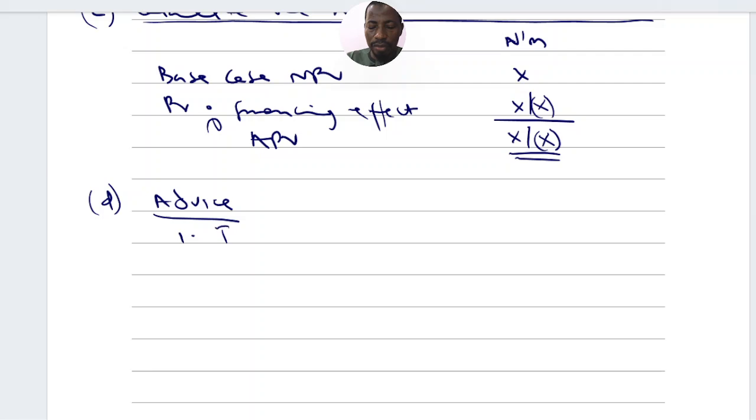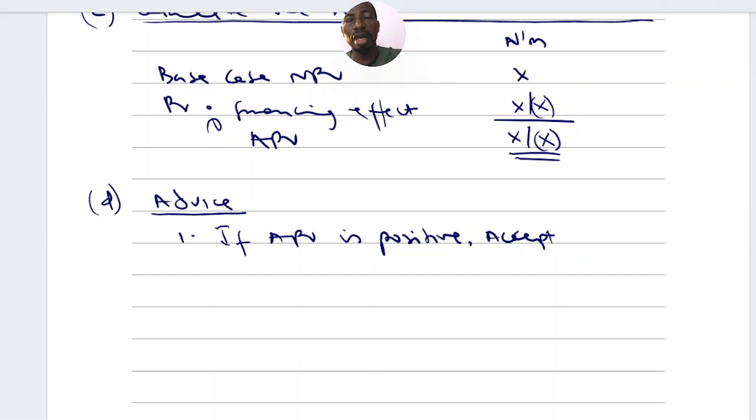So if APV is positive, accept the project. Just the same way you do for NPV, the same decision rule you have for net present value is what will be applied for APV.